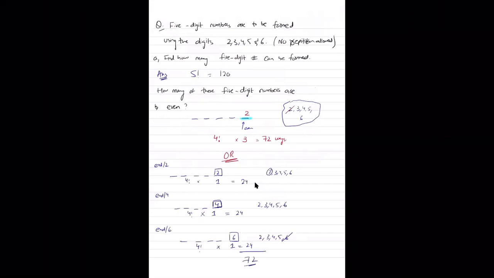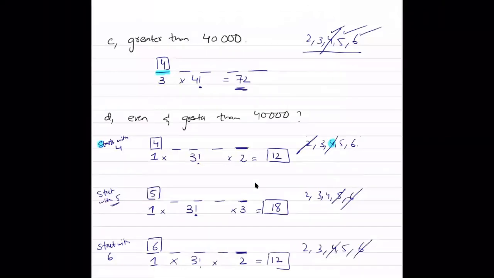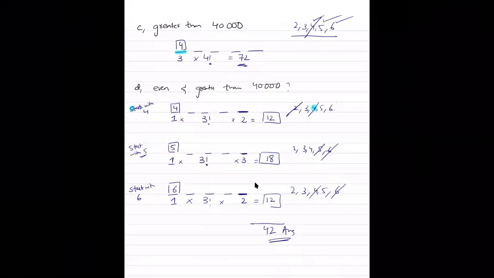Otherwise, when we were solving just greater than 40,000, we just had one step to go by. That was to start with 4, 5 or 6. There were three options, and the remaining would arrange themselves in 4 factorial ways. So the working was simply in one step. But when you have two conditions for the same part, two restrictions, then it's better to divide them into cases.